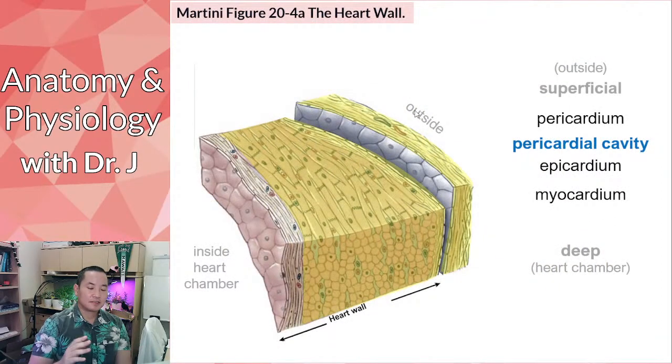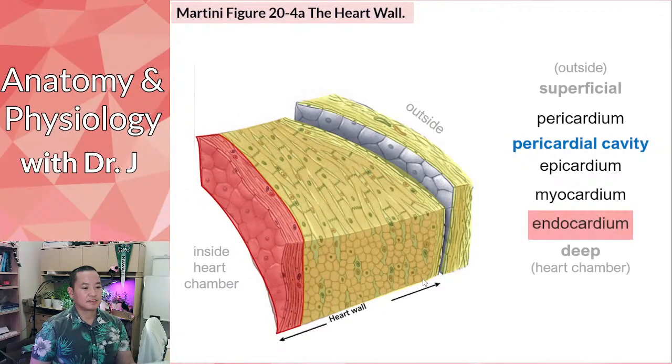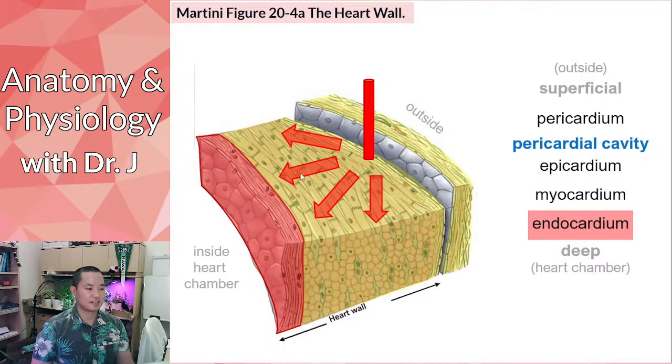Now, why do you need coronary arteries? Again, you do have blood in the inside chamber, but there's not enough time and it's not very efficient to carry all the oxygen and nutrients from here to the outside. So the coronary arteries have these blood vessels that go through these layers and distribute blood to the other layers of the heart.